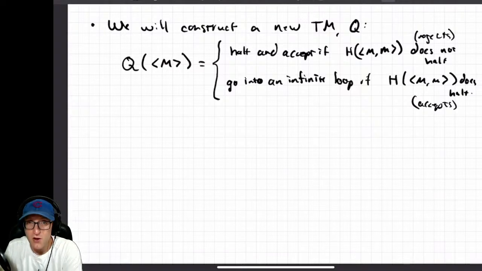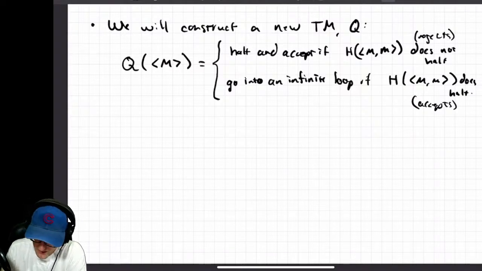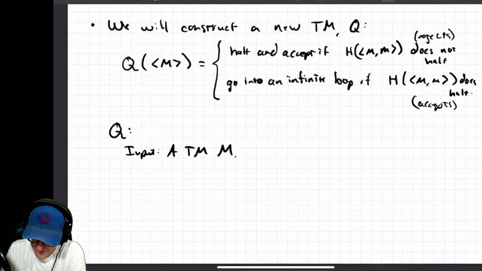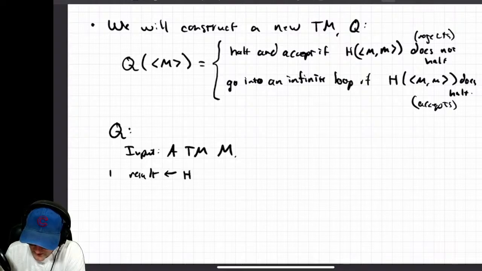So what does Q look like? This we can actually build. Here's my Q algorithm. On input, the input is a Turing machine, M. My first line of code is simply to call the halting problem on it: result equals H on M. In other words, you've already been given the encoding.